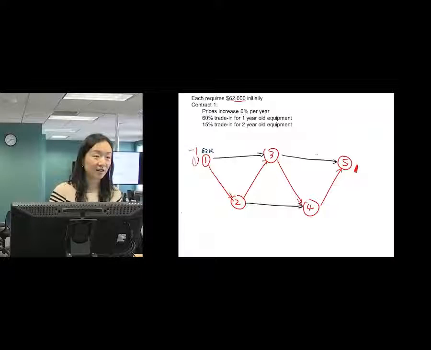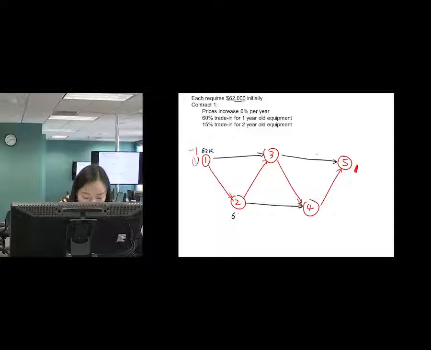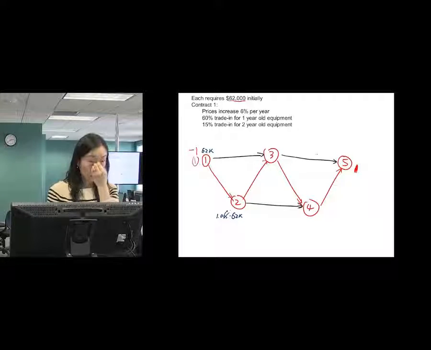You have to pay, right? You get a trading credit, but you have to pay for the new equipment. And we said the contract price will increase 6% per year. So when you get to here, I'll put here 1.06 times this. So that's the cost that will occur at this point here.